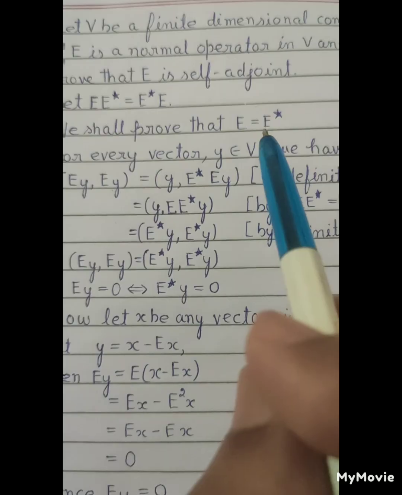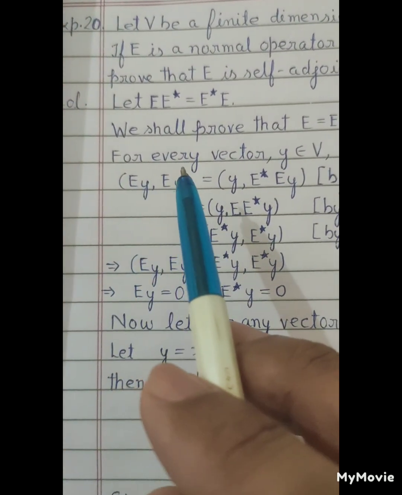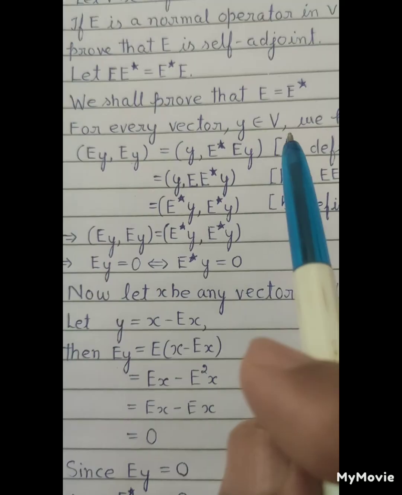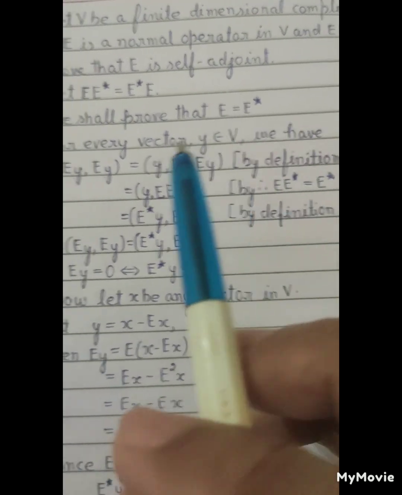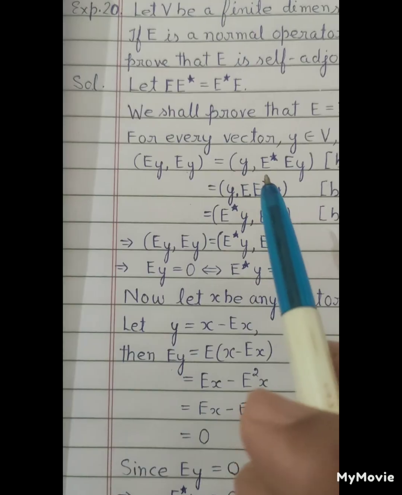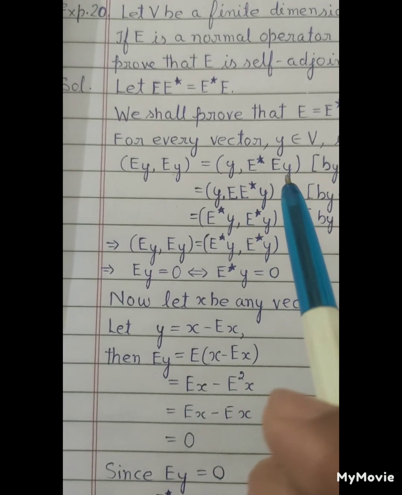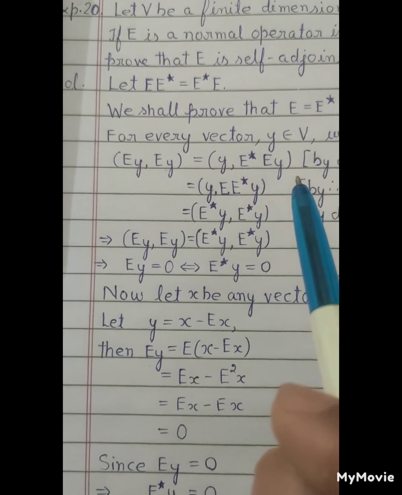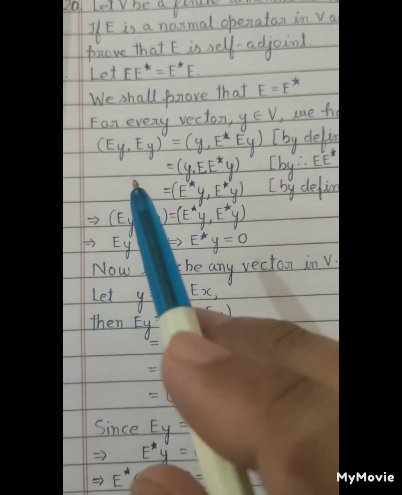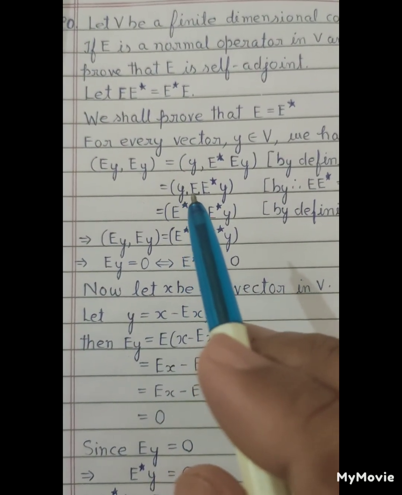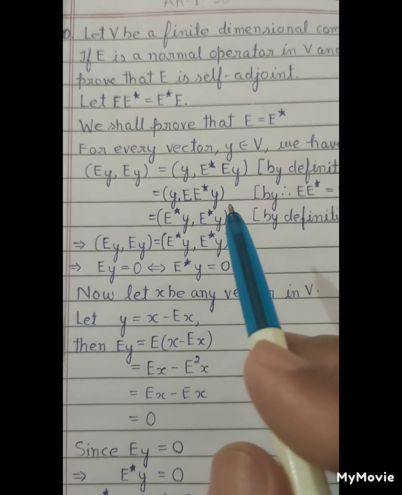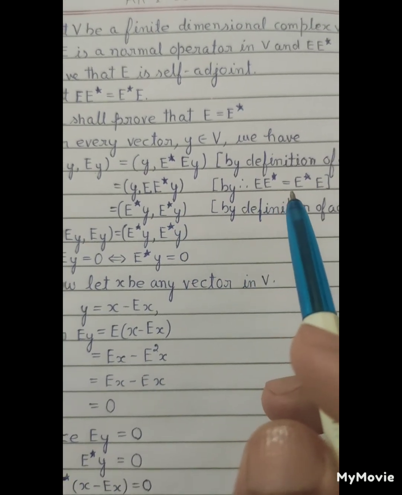We shall prove that E equals E star. For every vector y belongs to V, we have ⟨E y, y⟩ equals ⟨E star E y, y⟩ by the definition of the adjoint operator, which equals ⟨E y, E y⟩.